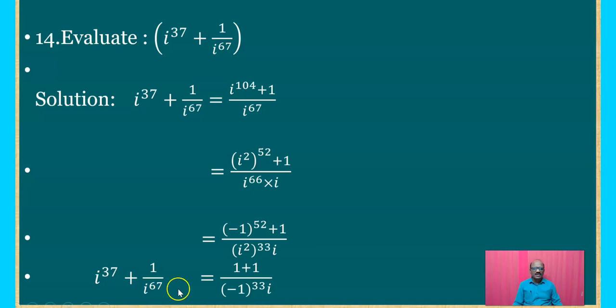Here, 1 plus 1 is 2, upon minus 1 raised to 33, that is overall minus 1. That is 2 upon minus i, and then we'll evaluate it. I think I have not completed that example, and you can complete it.